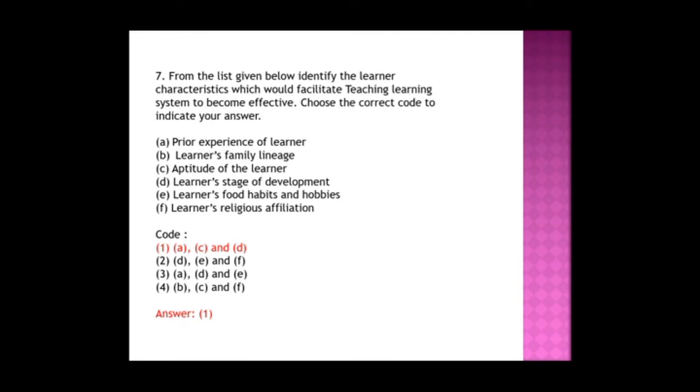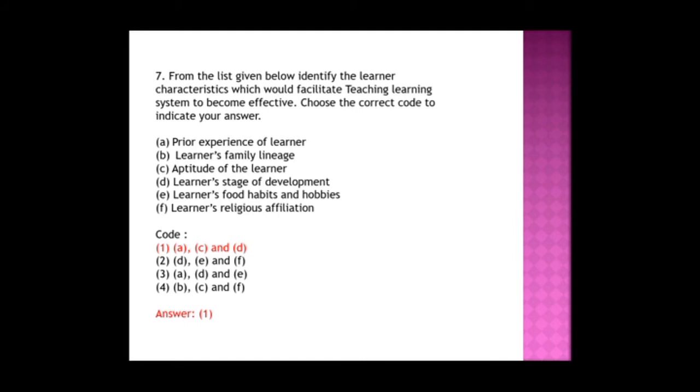And the seventh question is, from the list given below, identify the learner characteristics which would facilitate the teaching learning system to become effective. Choose the correct code to indicate your answer. A is prior experience of learner, B is learner's family lineage, C is aptitude of the learner, and D is learner's stage of development, E is learner's food habits and hobbies, and F is learner's religious affiliation.